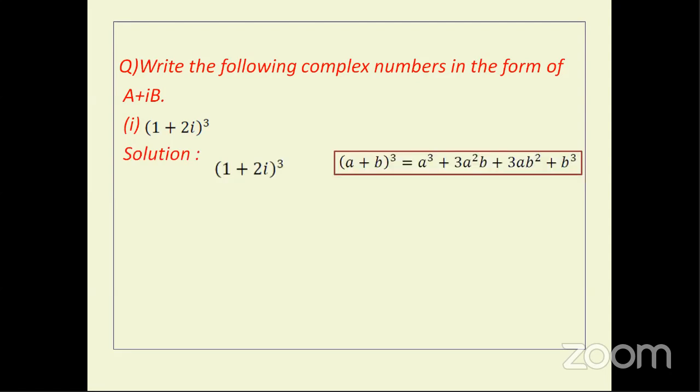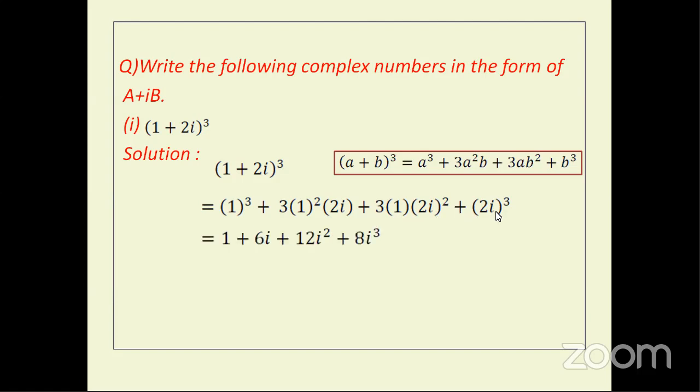First, let us see the formula for (a plus b) whole cube: a cube plus 3a square b plus 3ab square plus b cube. Then we'll expand (1 plus 2i) whole cube according to this formula. We have 1 cube plus 3 into 1 square into 2i plus 3 into 1 into (2i) whole square plus (2i) whole cube. 1 cube is 1.